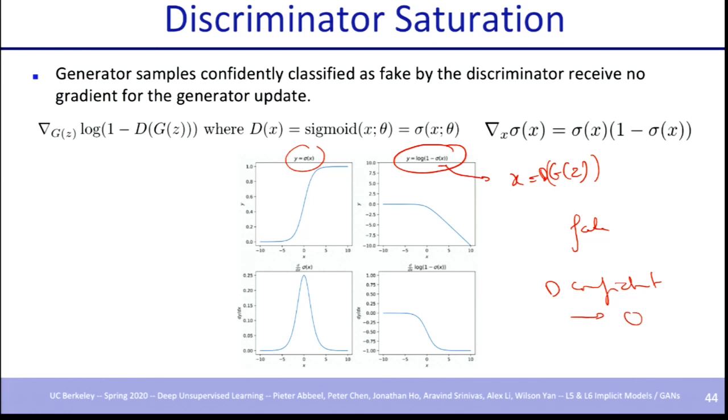You're on the 0 side, or in the x space, x would be going to negative infinity. So the sigmoid turns that into a 0 probability of being real. At that point, you're all the way out here where this objective is extremely flat. And now if you look at the derivative, which is shown in this plot over here, it is 0.